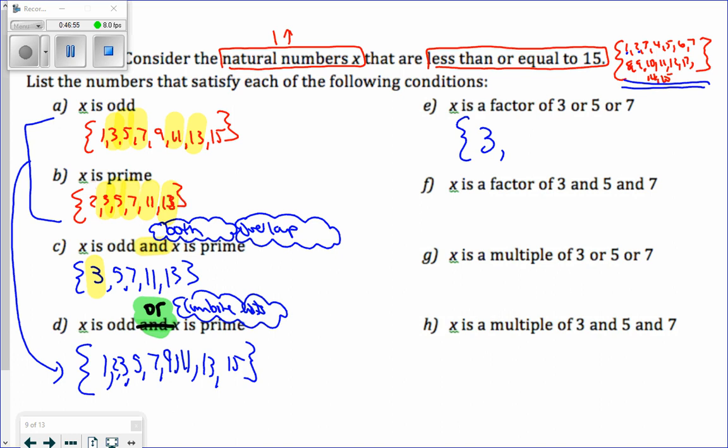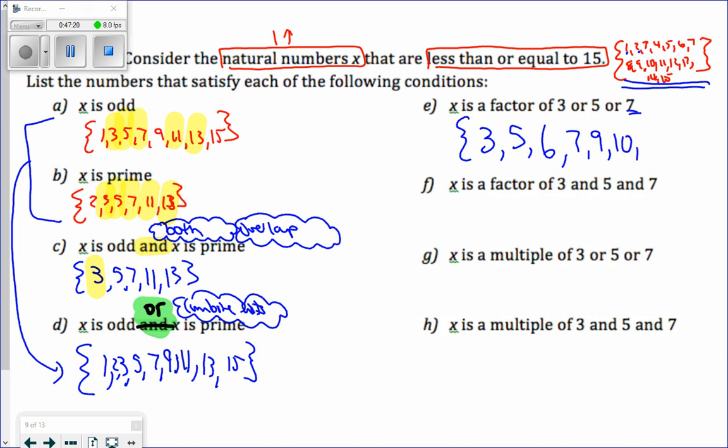Is 4 a factor of 3, 5, or 7? How about 5? How about 6? Yes, 6 is a factor of 3, so it goes on the list. How about 7? Yep. How about 8? Nope, 8 is not a factor of any one of those. How about 9? Yep. How about 10?